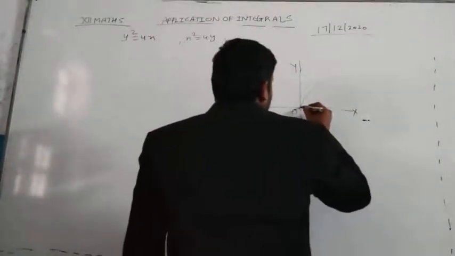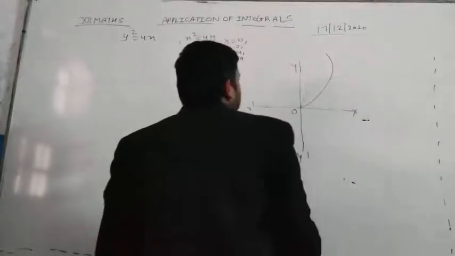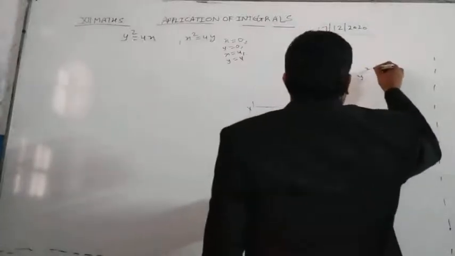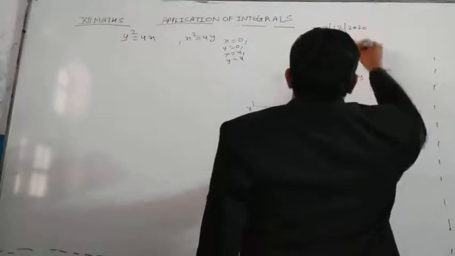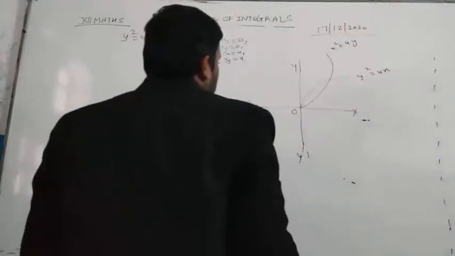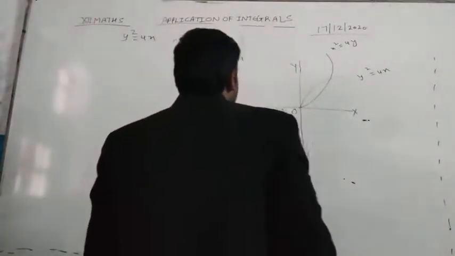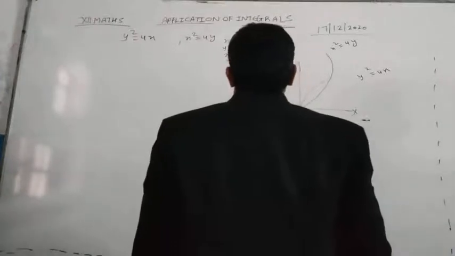So this graph will go from here about this. So this is y square is equal to 4x, x square is equal to 4y. X is equal to 0 and y is equal to 0 mean the x axis and y axis, and x is equal to 4 means a line parallel to the y axis.